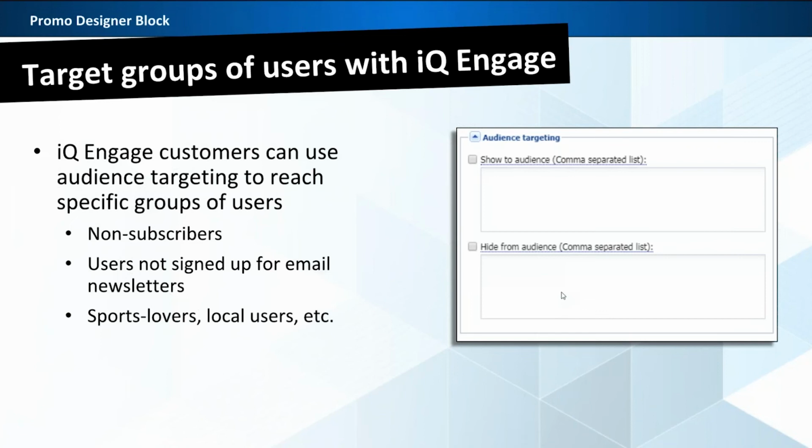The integration with the Promo Designer allows you to use the IQ Engage behaviors. So you establish the behaviors of the user in the IQ Engage program, and then you can target specific messages to specific groups of users based on their behaviors.